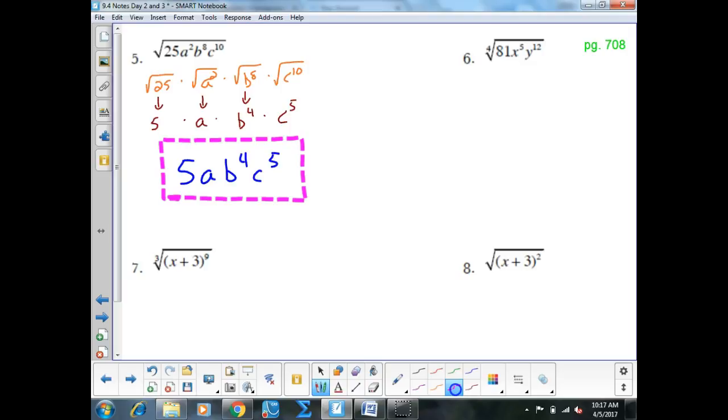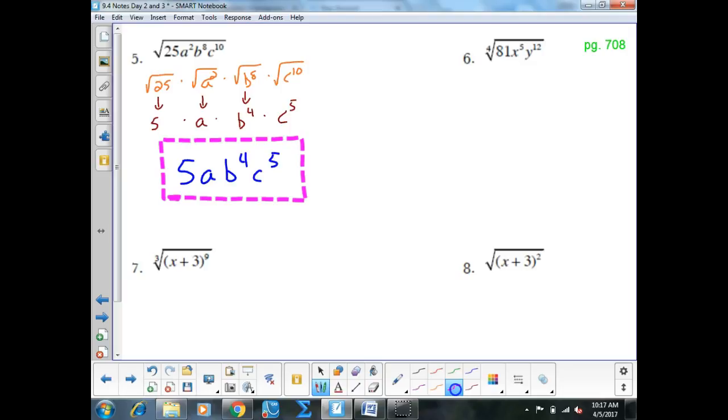Yep. Okay. Not go into 3, but 3 has to go into it. Okay. Has to be divisible by 3. Okay. What if I'm a fourth root? Multiple of 4. What if I'm a seventh root? Multiple of 7.